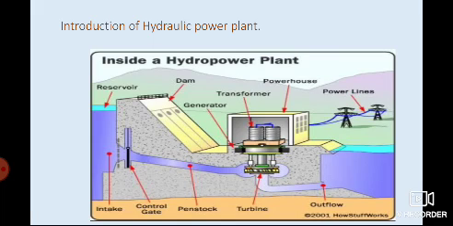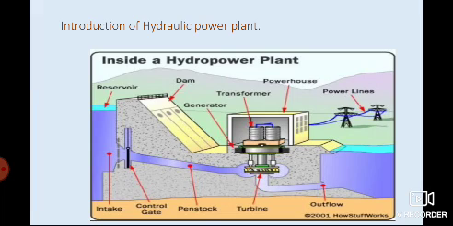The water in the reservoir is stored in the form of potential energy. After we open the control valve, that potential energy is converted into kinetic energy. After the control valve opens, water flows into the penstock in the form of kinetic energy, then that kinetic energy is converted into mechanical energy in the turbine.